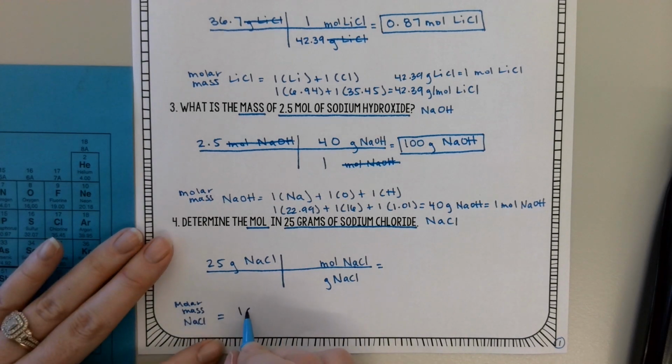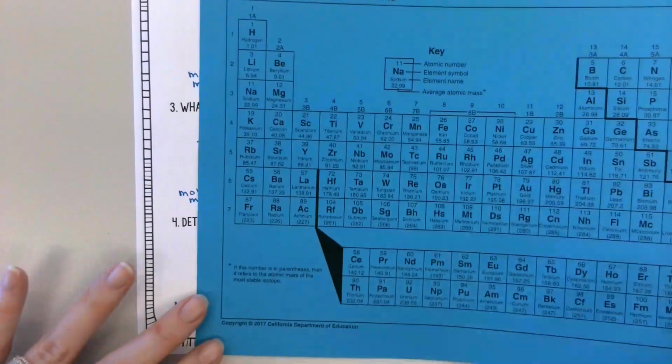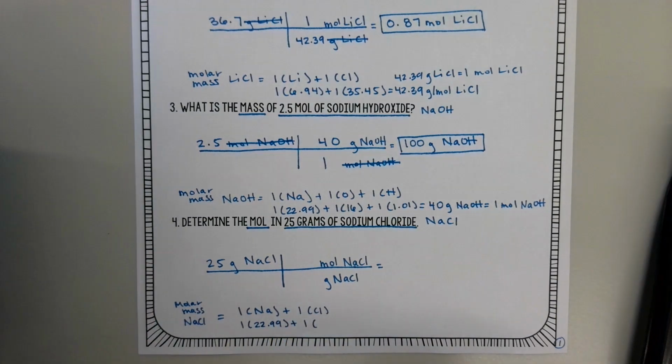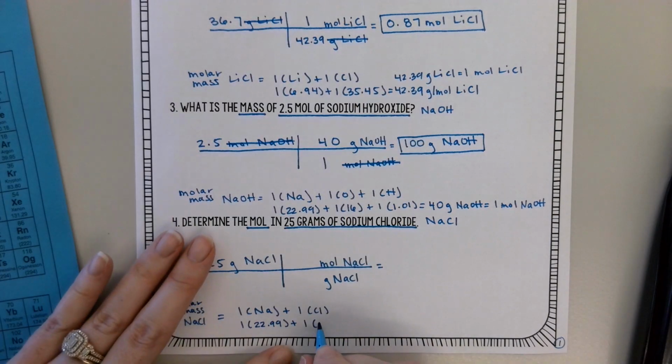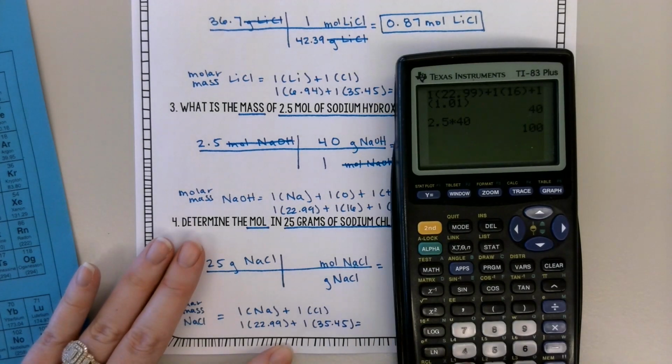All right, so it has only one sodium and one chlorine. So 1 times the mass of sodium is 22.99. 1 times the mass of chlorine is 35.45. We'll add these together.